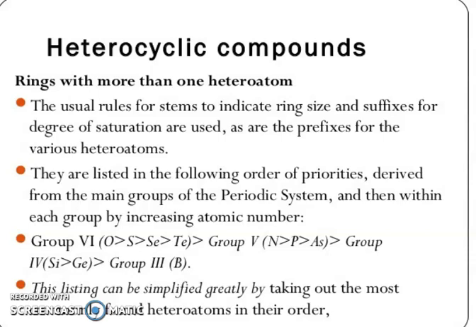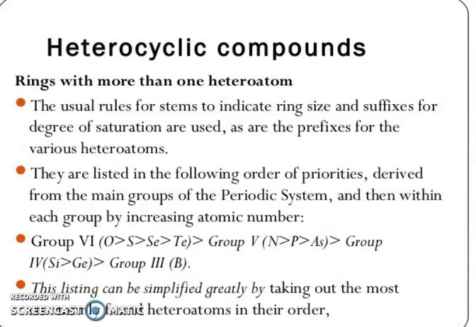So first you understand the size of the ring. And suffixes indicate the degree of saturation: whether it is saturated or unsaturated, whether it has double bonds or doesn't. Prefixes are used for the various heteroatoms.